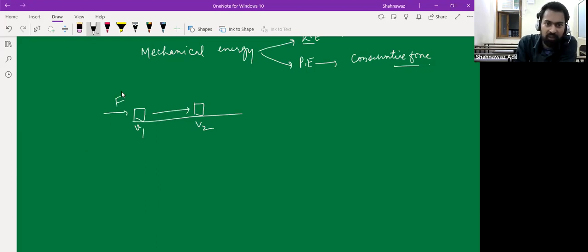Let's say this mass is m and this mass is m. So the kinetic energy is defined for this particle. Let's say the kinetic energy will be half m v1 square. If you have a moving body with velocity v, the kinetic energy is defined like this.